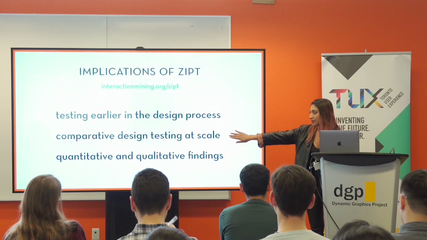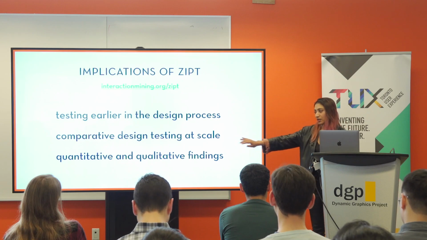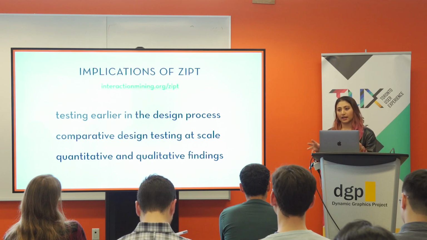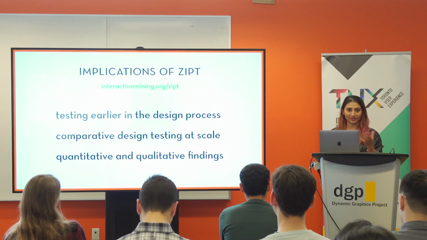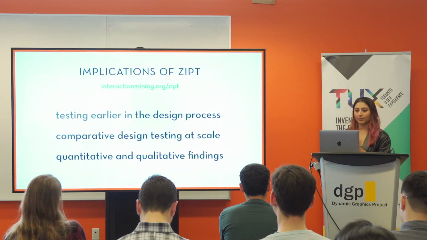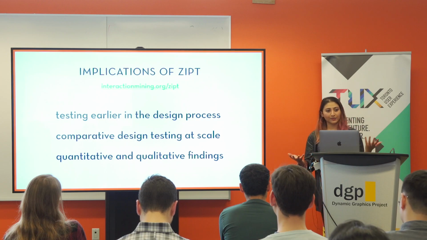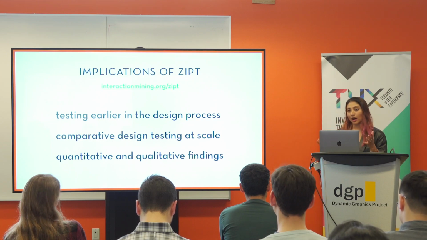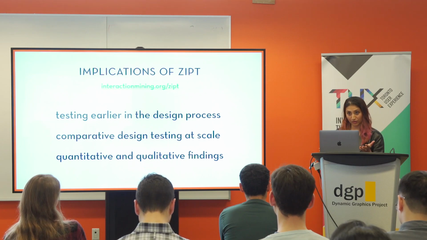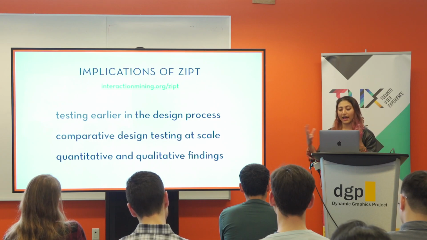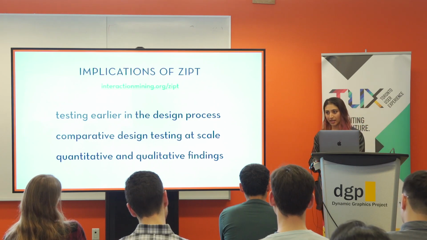The other thing that you can do at scale is you can do comparative design testing. So the only way right now to compare apps, let's say, is through a service like usertesting.com, where basically they do screen recordings of people using apps. The problem there is actually it costs about $50 per user to do this, because all of the annotation and the aggregation has to be done manually.